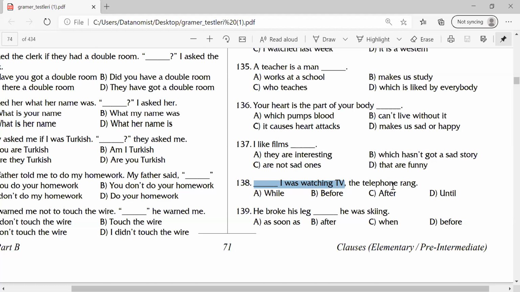Before I was watching, the telephone rang? No, after, no, until. So while is the answer. Look at this: he broke his leg, dash, he was skiing. As soon as, after, when, before. Okay, he broke his leg when he was skiing.